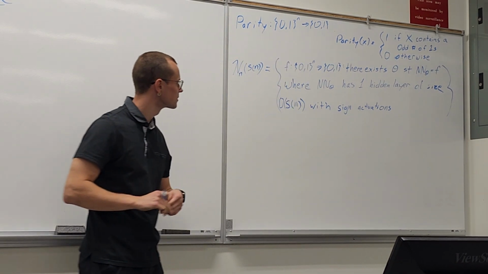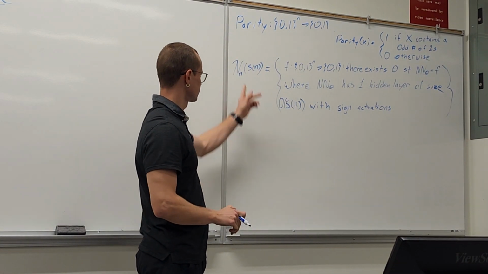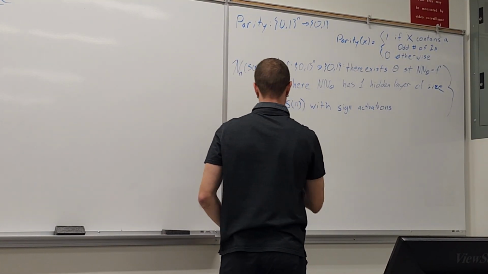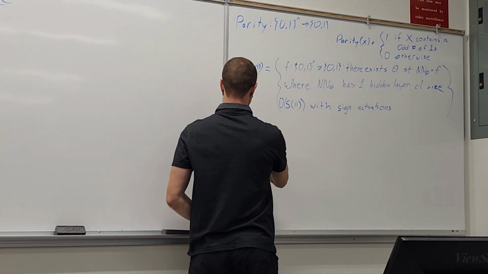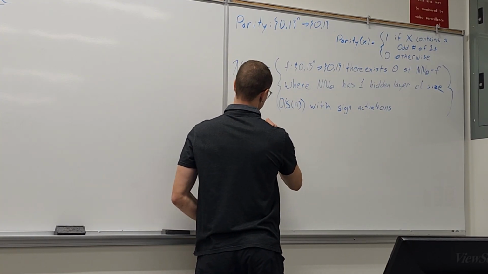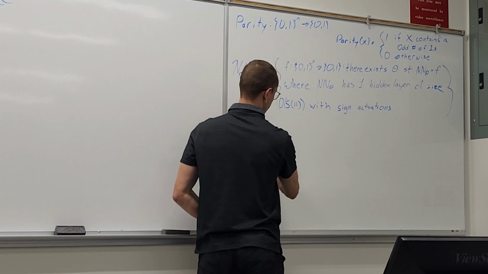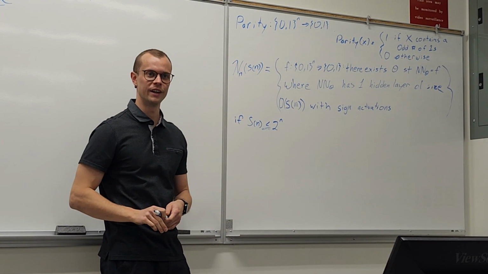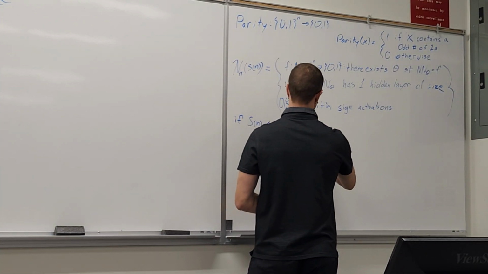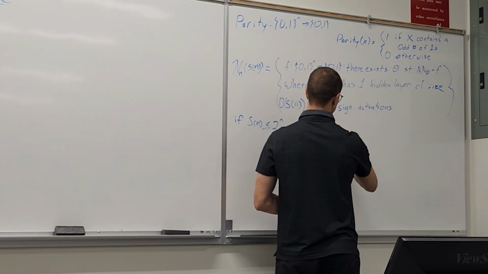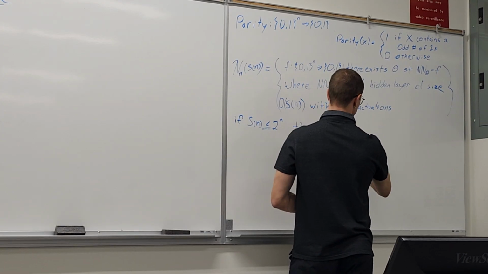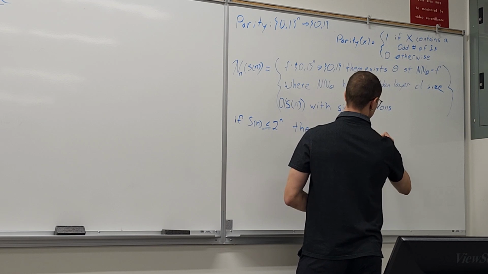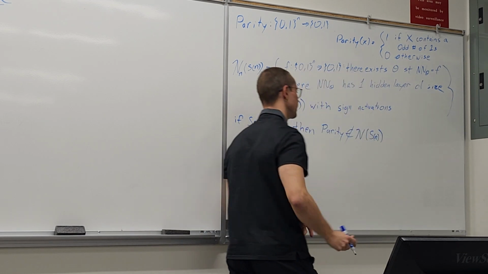And you might ask, okay, for different sizes of the hidden layer, is parity in there? There are some classic results, which are like the following. If S of n is strictly less than 2 to the n, so exponential in n, then the statement is going to be something like parity, which is just a function, is not an element of the neural network class with hidden layer size S of n.